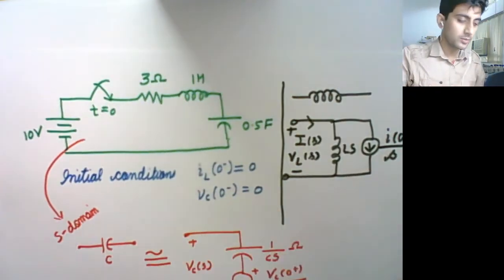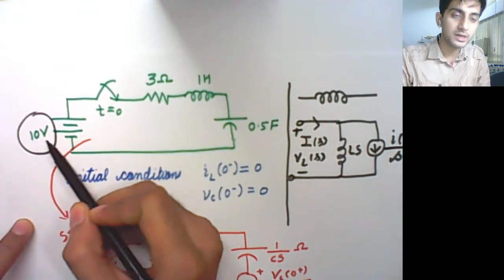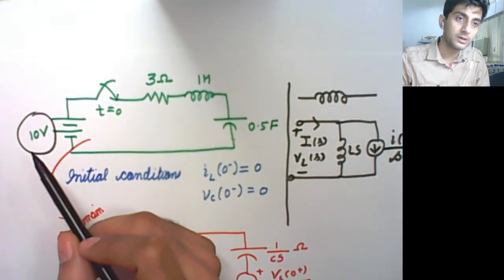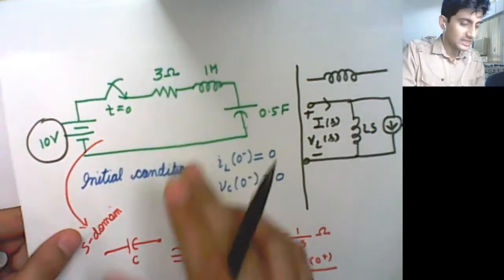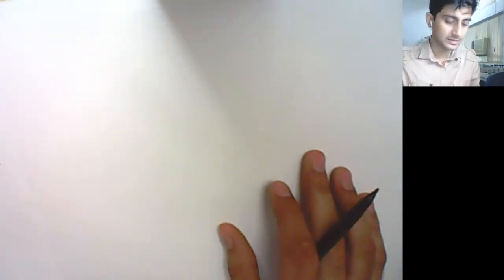By doing so, what is the Laplace transform of 10, by the way? Because it is constant, the Laplace transform of a constant 10 is 10 by S. So when you convert your circuit into the S domain, it would look something like this.